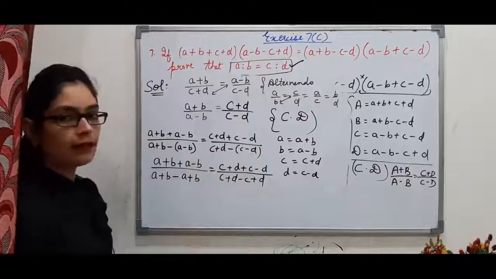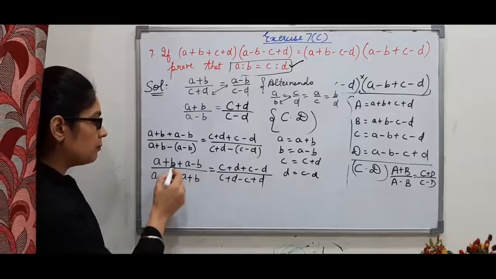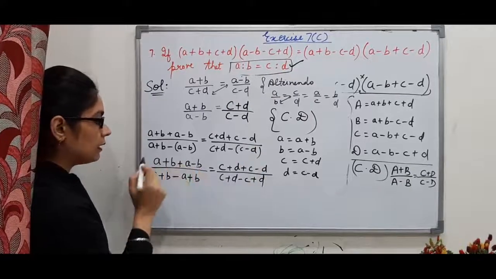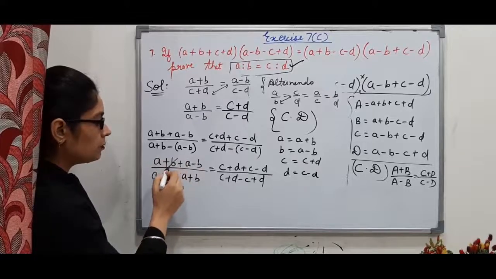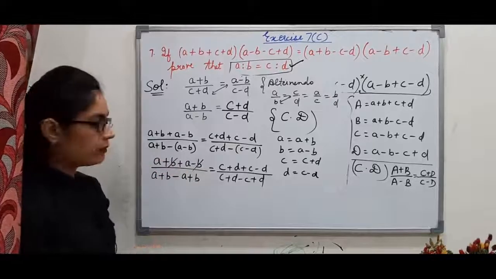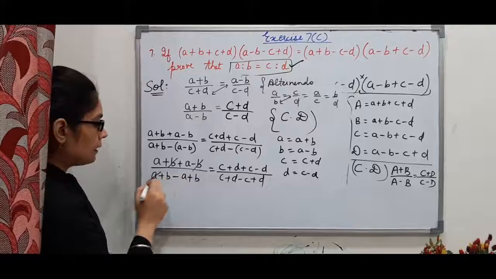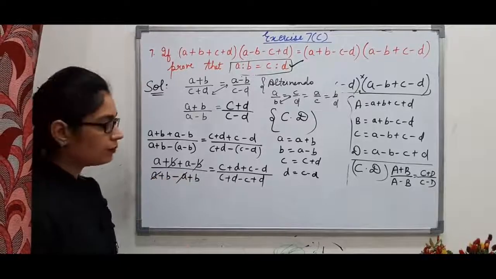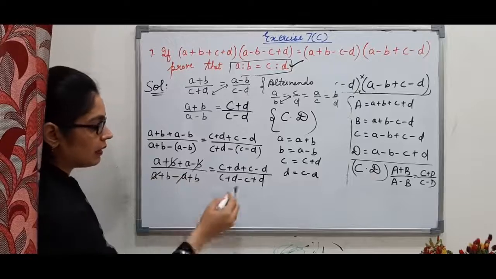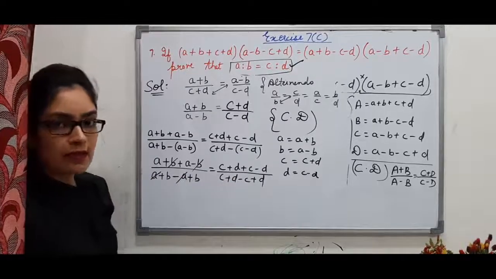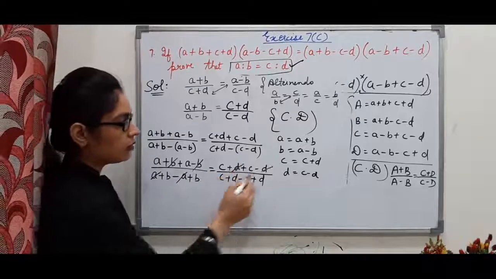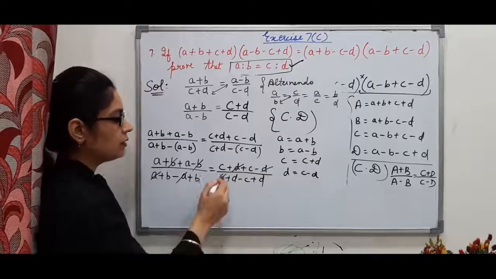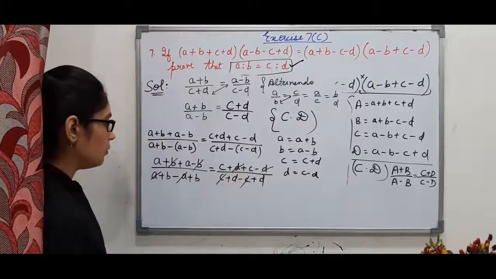Now all the like terms we can solve. Here if I see b and b, a and a, these two are likes. So plus b and minus b will get cancelled. Here plus a and minus a will get cancelled, because same terms or same numbers with opposite signs, they will always get cancelled because they will give us 0 as the answer. So d minus d is also 0, so we can cancel. c minus c is also 0.